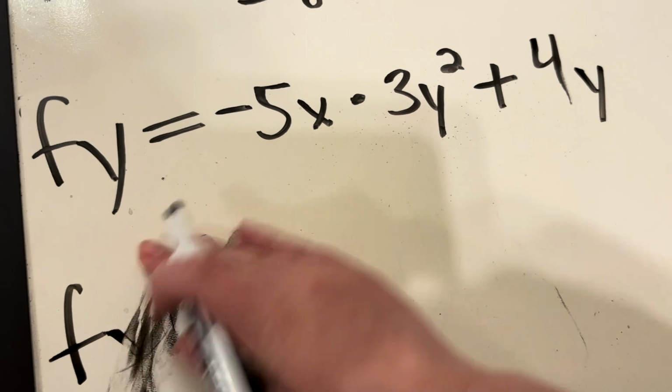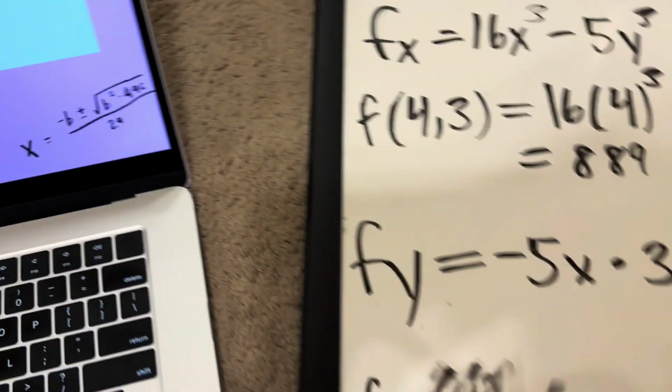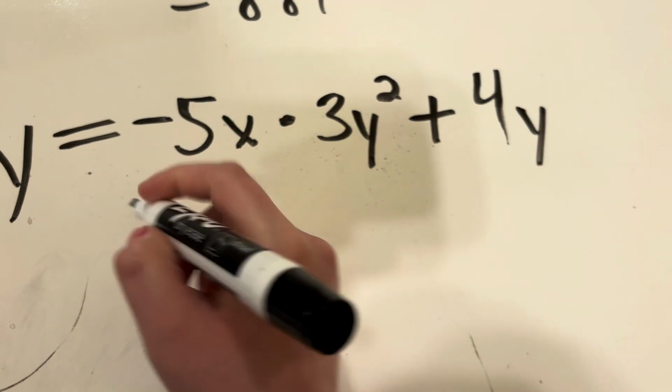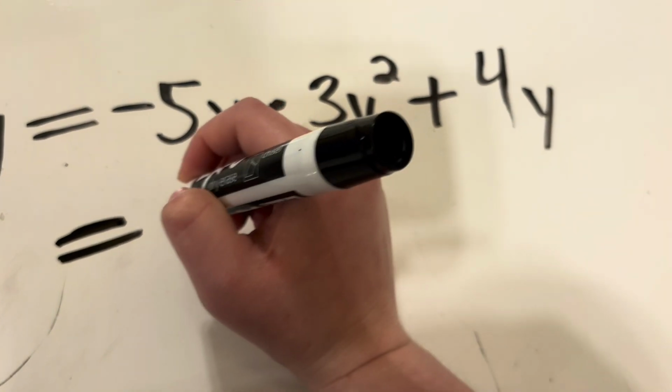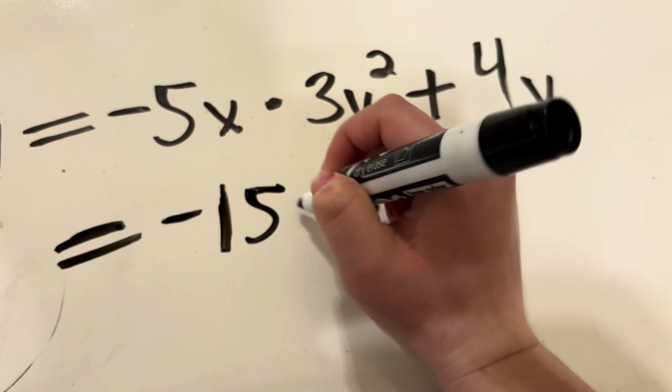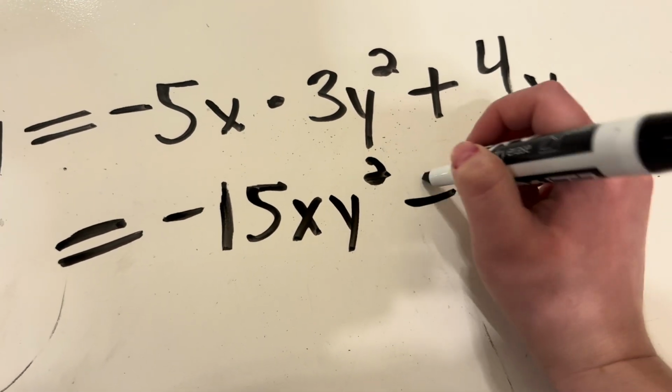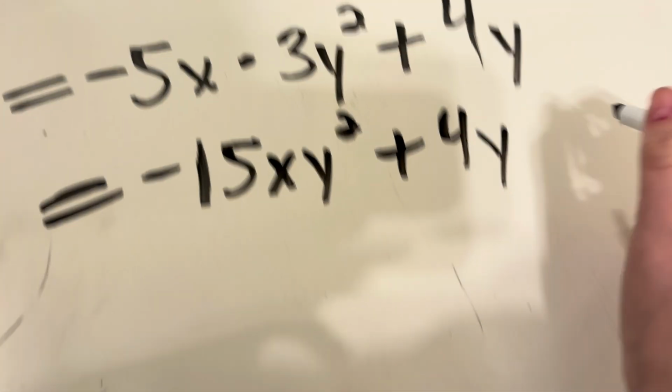We're going to be first multiplying out this part. So it will be negative 15x y squared plus 4y.